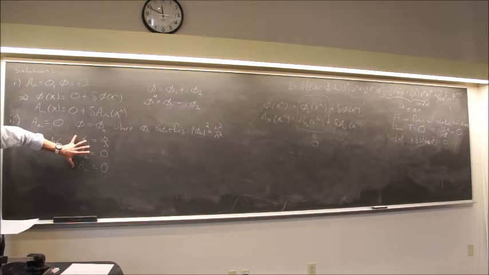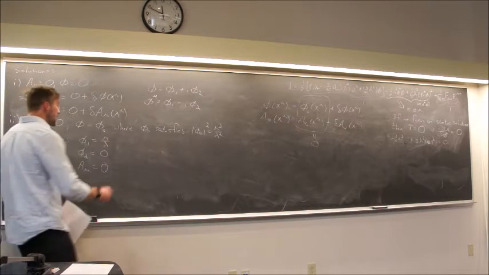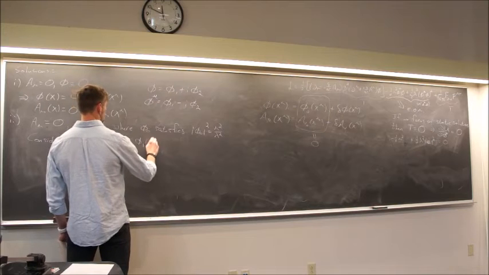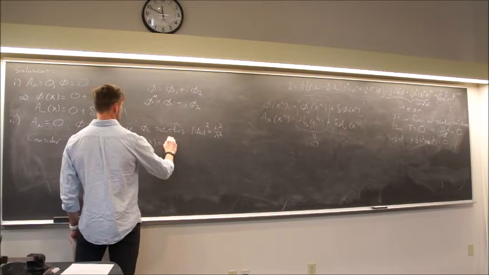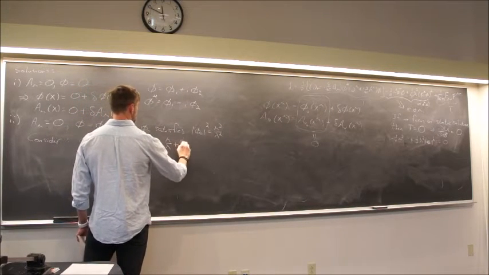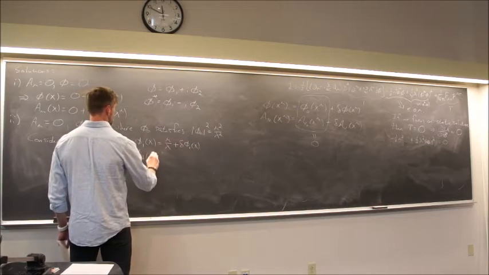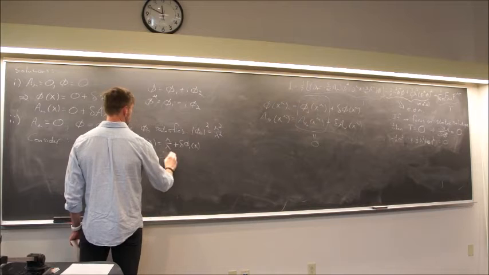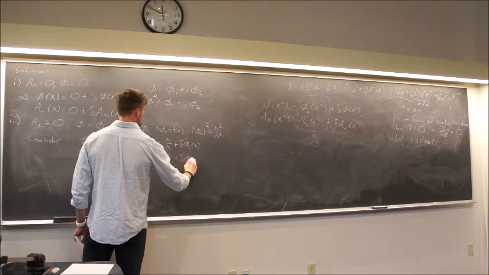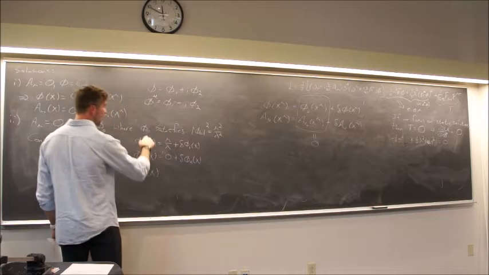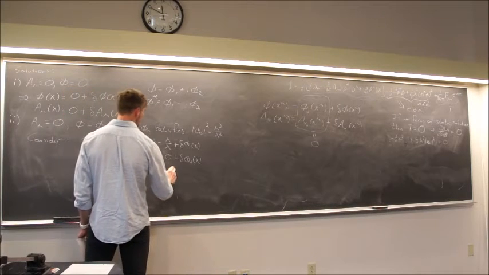Now what I want to do is take each of these and allow them to fluctuate. And when I write x here, I mean x mu.